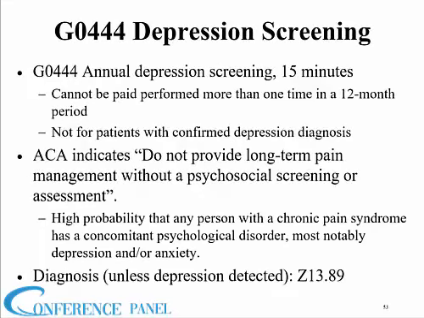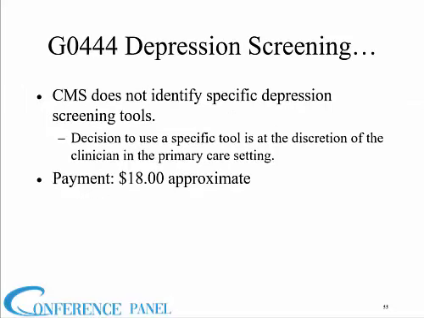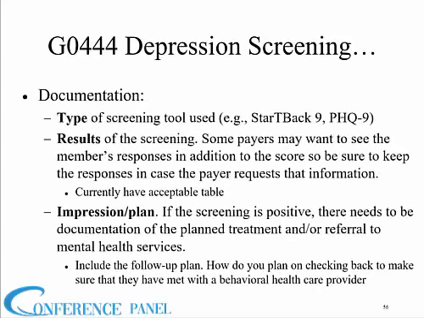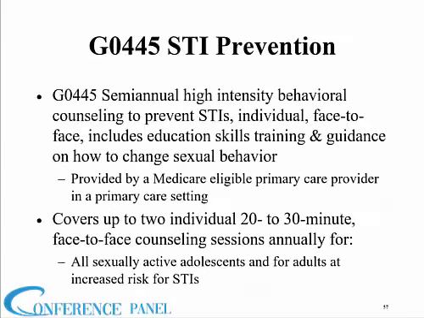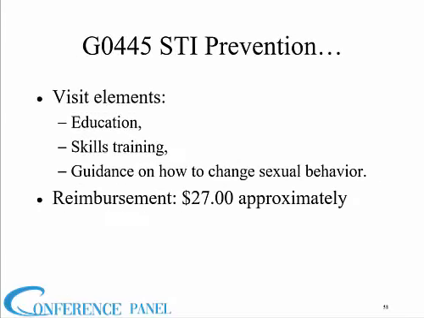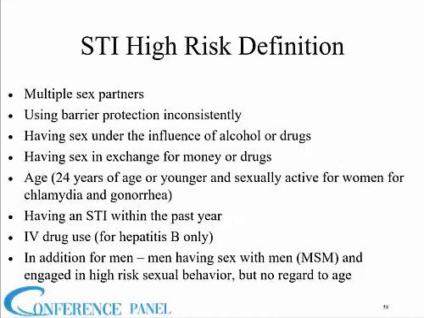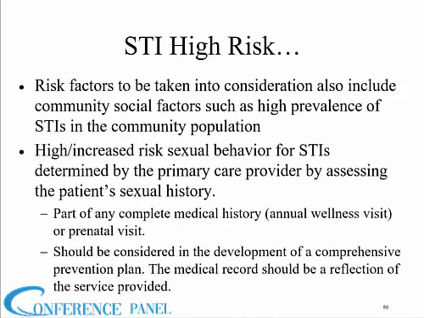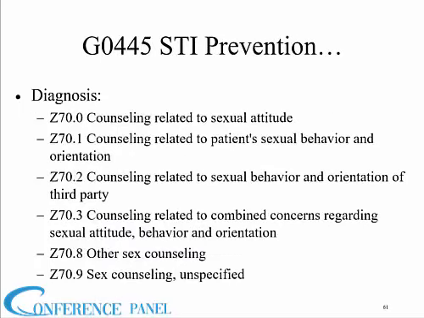Then we have depression screening. Annual depression screening, G0444. CMS does not identify specific depression screening tools. Documentation. Sexually transmitted infection prevention. Visit elements. What's the high-risk sexually transmitted infection definition? Risk factors, which can be taken into consideration. The diagnosis codes fall into the Z category.